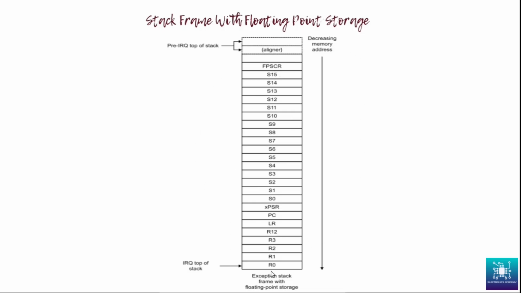So the number of registers saved is much higher. Therefore, the interrupt latency in the case of floating point unit being used is much higher, and that's the reason we have the concept of lazy stacking, where if the floating point unit is not used, then it is going to only save the previous set of registers that we saw, thus saving a lot of clock cycles.